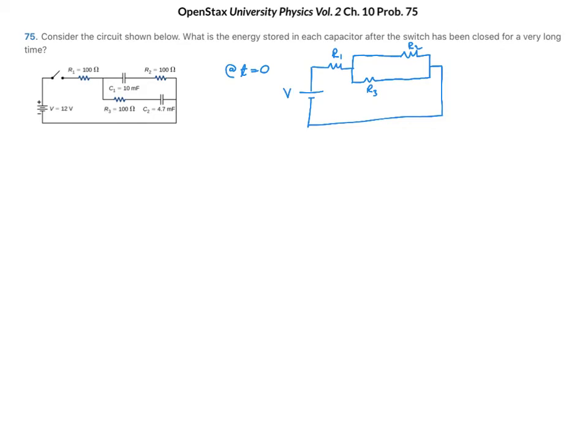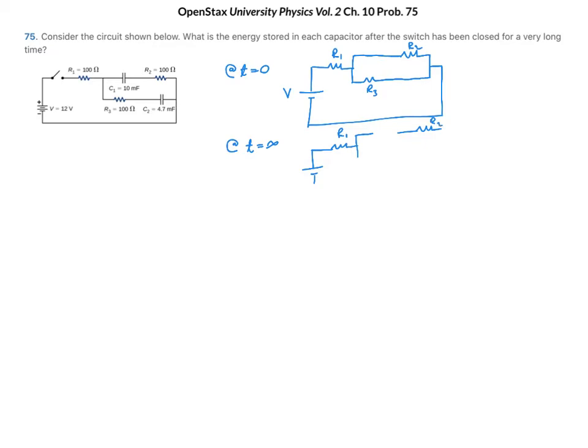Now, a long time later, when the capacitors have had a chance to charge, I'm going to call this t equals infinity, we have the battery, we have the resistors, so here is R1, and a long time later, the capacitors act as a broken wire. They no longer let current go through.